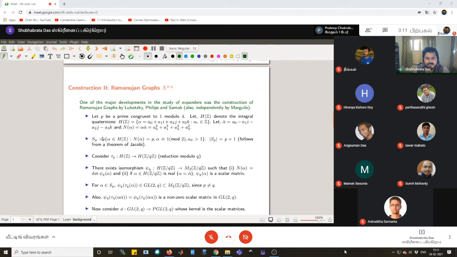So SP is the set of all such integral quaternions such that its norm is P, and the quaternion alpha is congruent to 1 modulo 2. So what do I mean by 1 mod 2? We will be having these as the coefficients.